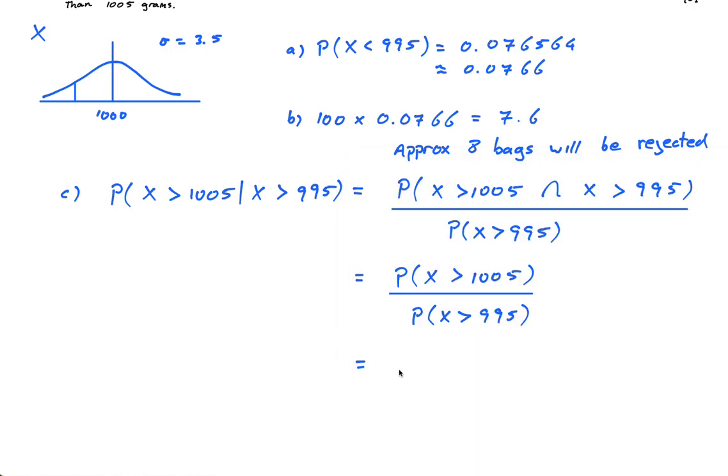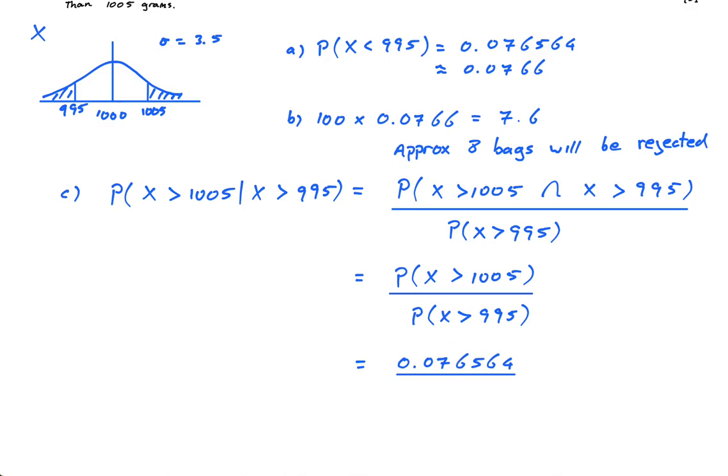And actually, guys, I should have known that, because the probability that it's less than 995 is going to be the exact same as the probability that it's greater than 1005, because it's symmetrical. That's 1000 minus 5, that's 1000 plus 5. Anyway, you don't even need to know that because you can do it in the calculator.